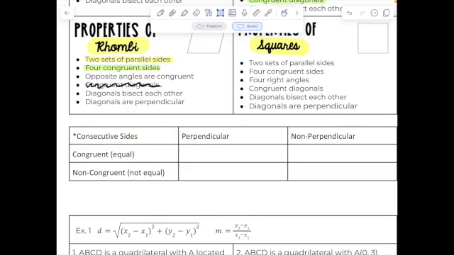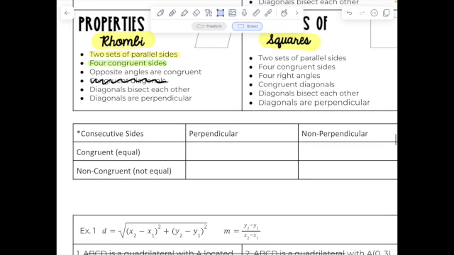So before we move on to any of our examples, I do want us to look at how we can use these criteria to classify a quadrilateral as either a parallelogram, rhombus, rectangle, or square. And we can do that just by looking at the consecutive sides. So we can pick a set of consecutive sides and try and figure out if those consecutive sides are perpendicular or not, and then also look and see if those consecutive sides are congruent or not.